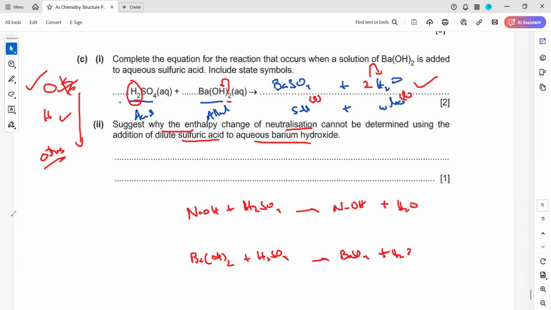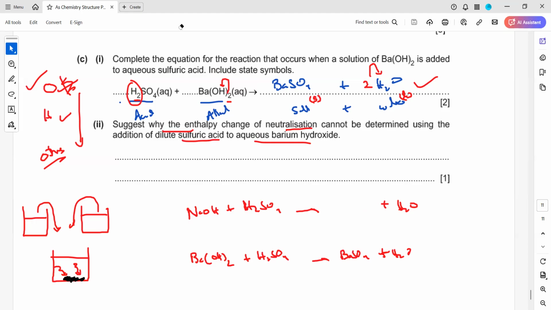So why can this not be determined directly? Because when you mix a solution of barium hydroxide with sulfuric acid, it will form a precipitate, a solid. And this solid precipitate will absorb energy.